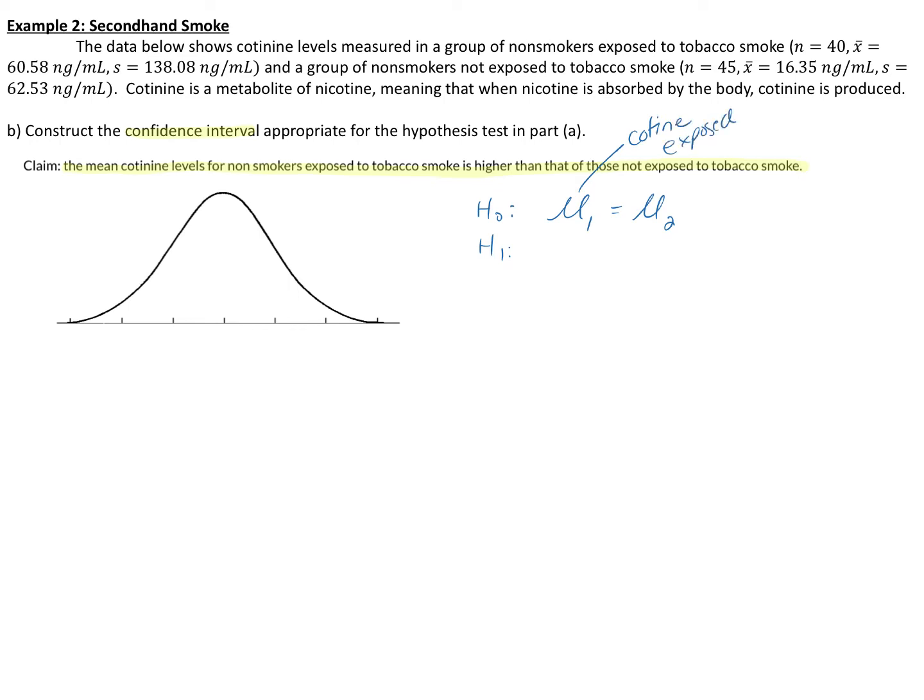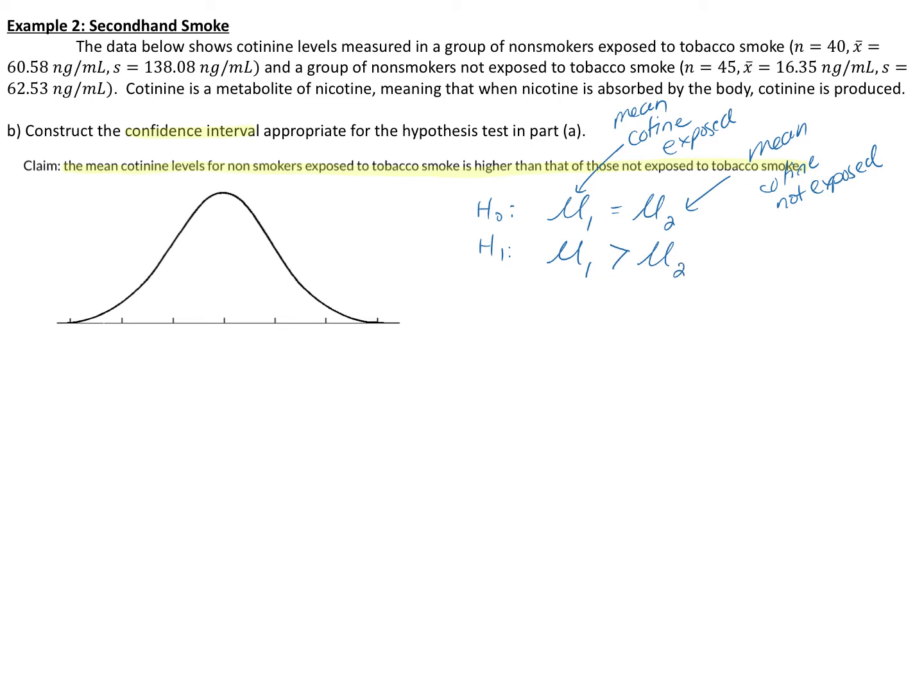And then we said that mu sub 2 is the mean cotinine level for those not exposed. Okay, so we assume that they are the same. We assume that the cotinine levels are the same. And the claim that we're going to test is the claim that it's actually not equal to each other. It's not the same. We think that the cotinine level for that first group is actually higher, so greater than the cotinine level for the second group.